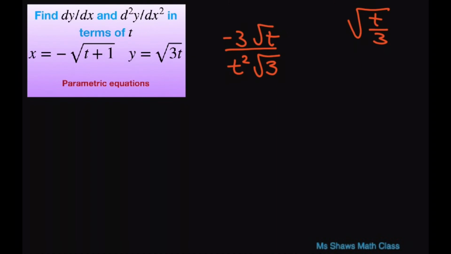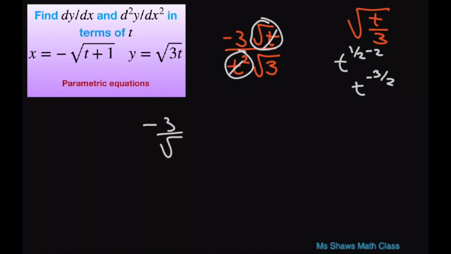Now, for our t's, this is going to be t to the 1/2 power minus 2. So that's going to be t to the negative 3/2 power. So this is just going to cancel out to negative 3 divided by square root of 3. And then in the denominator, we're going to have t to the power of 3/2. For this part, let's rationalize the denominator.